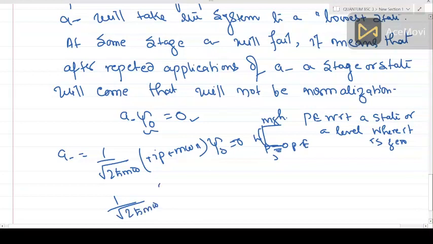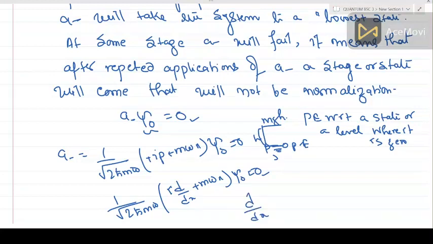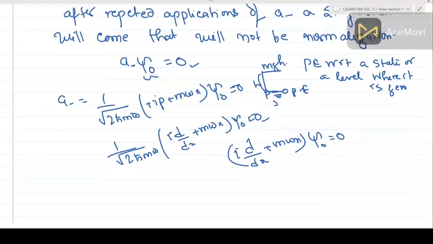Now you replace p by its operator form, minus i h bar d upon dx, plus m omega x psi naught is equal to 0. Now this equation has to be evaluated and it is not very difficult to evaluate this.